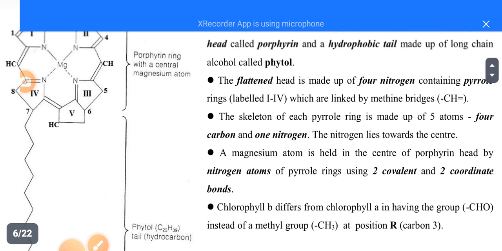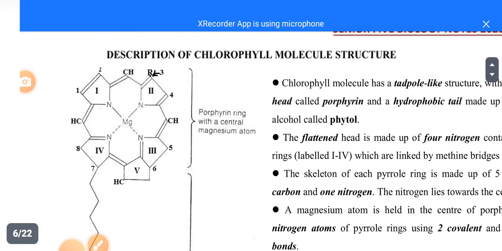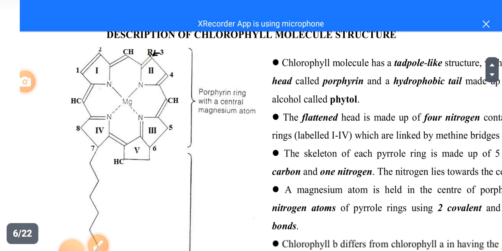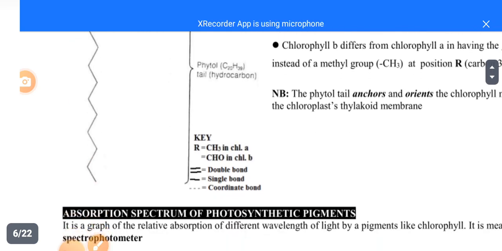So the only difference between chlorophyll a and chlorophyll b is that chlorophyll b has the aldehyde group instead of the methyl group at position R, in brackets the 3rd carbon. So that has been the structure of a chlorophyll molecule.